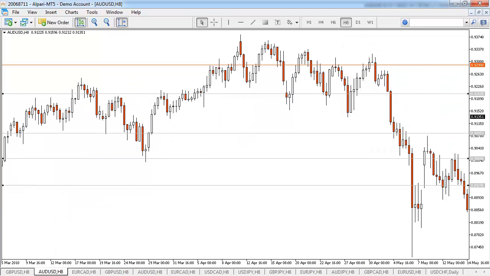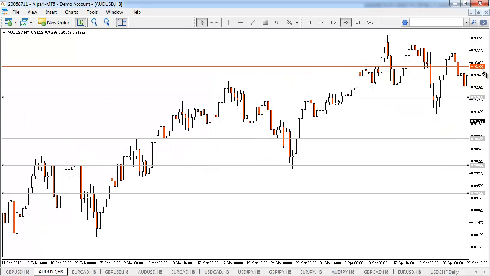Okay, we see a few bounces here. Yeah, bounce there. Kind of a bounce there. A bounce there. Not too convincing, but let's drag back a little further, see what we see.